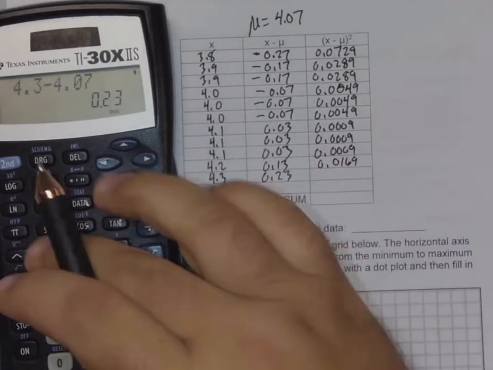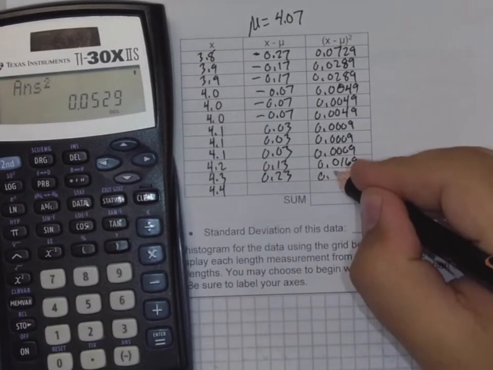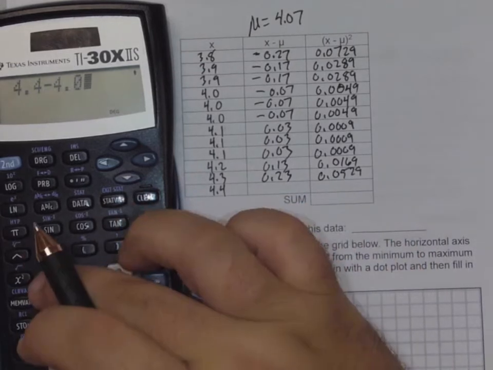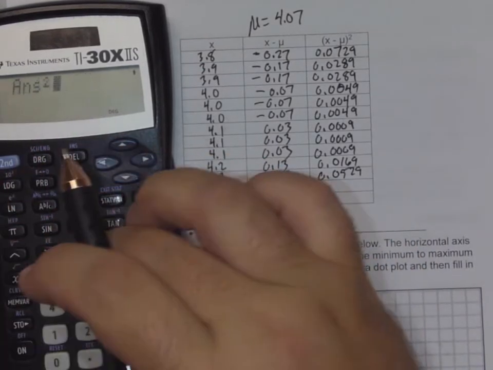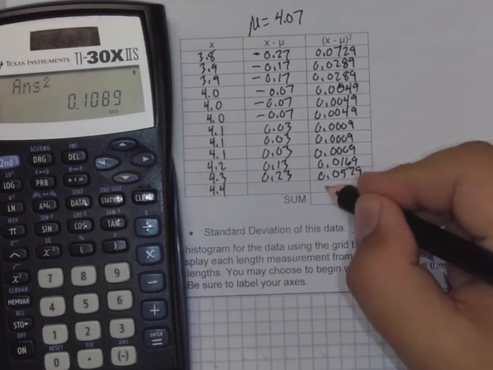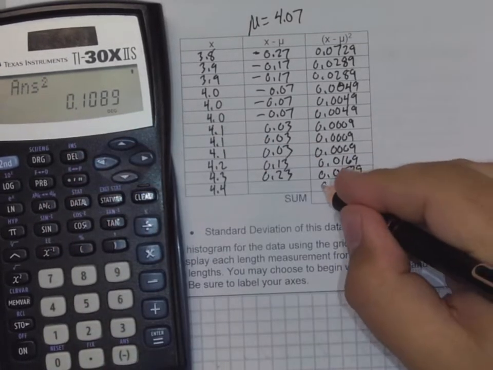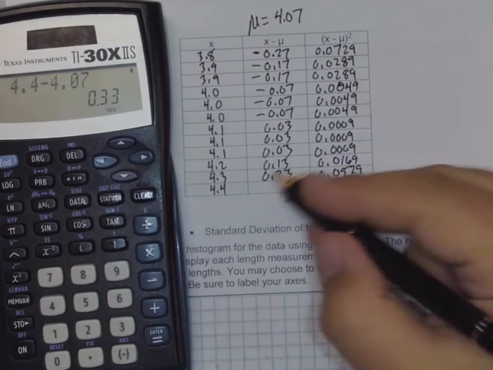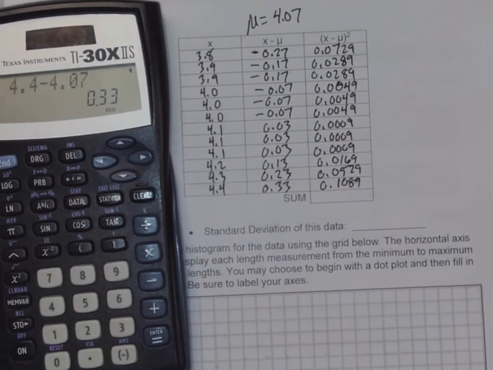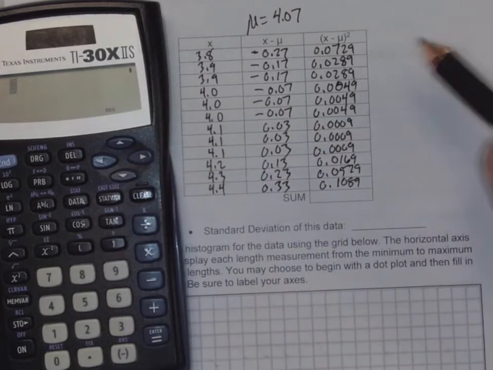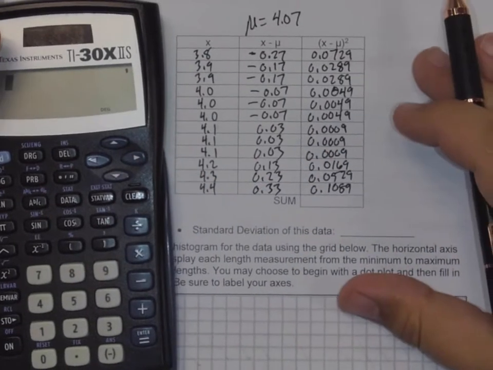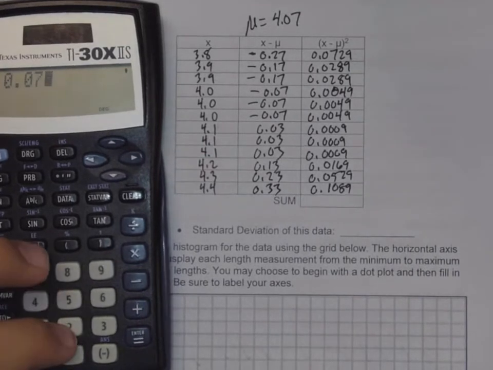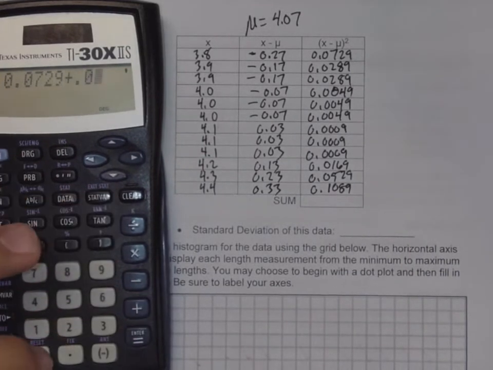So it's the exact same process as we go down through each row of the table. Let me get this down. Then, once I have the table all filled out, I'm going to add up all these numbers that are in this third column. So I'm able to go through and just start adding them up.